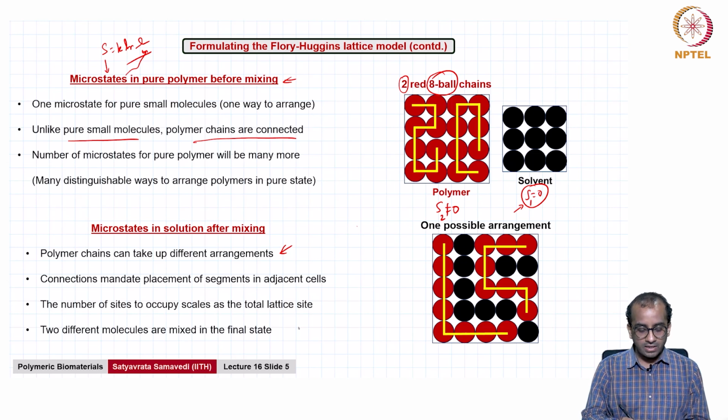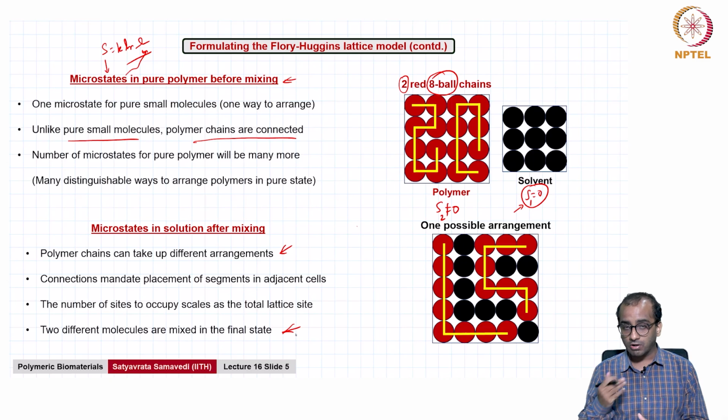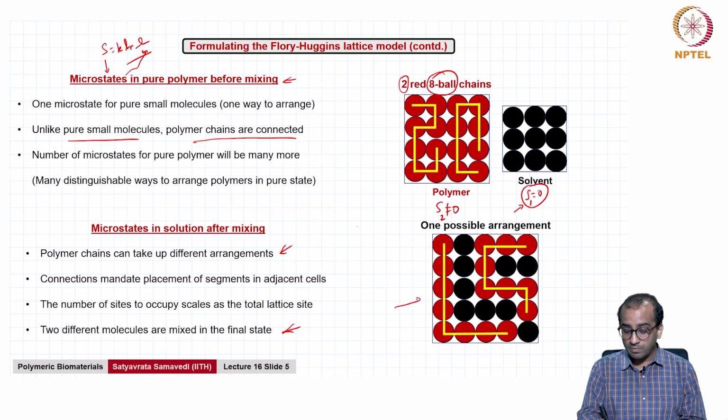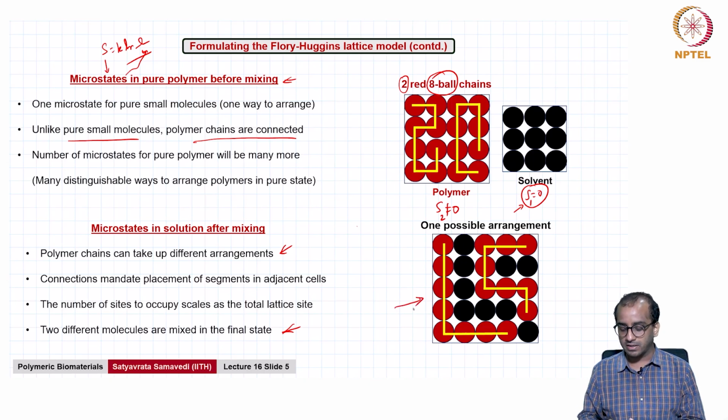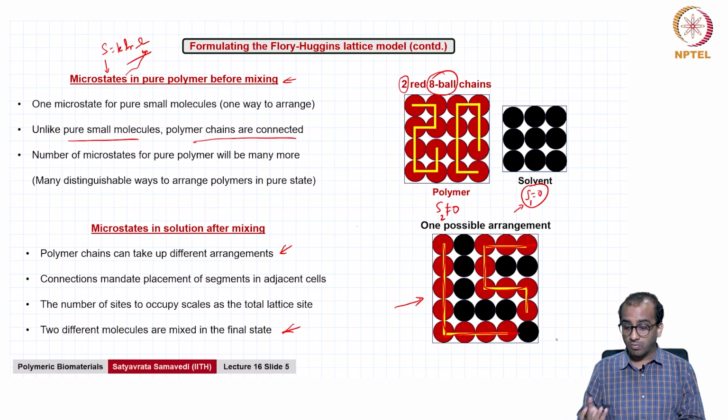And also add to it the fact that finally you will also have the solvent that is being added. So, you have a mixture of both red and black balls. Here what I am showing is just one possible arrangement in the mixed state, where this chain has taken up this arrangement, second chain has taken up this arrangement. But remember, this is only one arrangement of many arrangements I can have, and this is just for 2 chains.